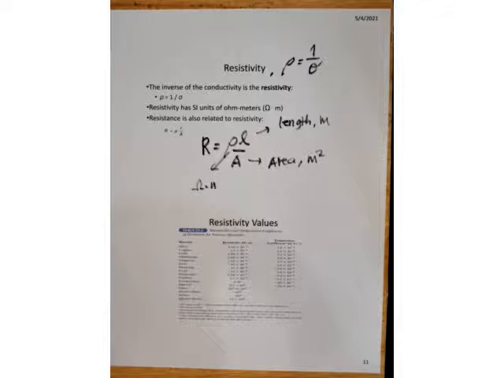Kung mababa yung kanyang resistivity, mataas yung kanyang conductivity. So, ano ba yung tinatawag nilang best conductor? So, gold, silver, copper, aluminum. Yun yung pinaka-common. Copper, aluminum, silver, or gold.